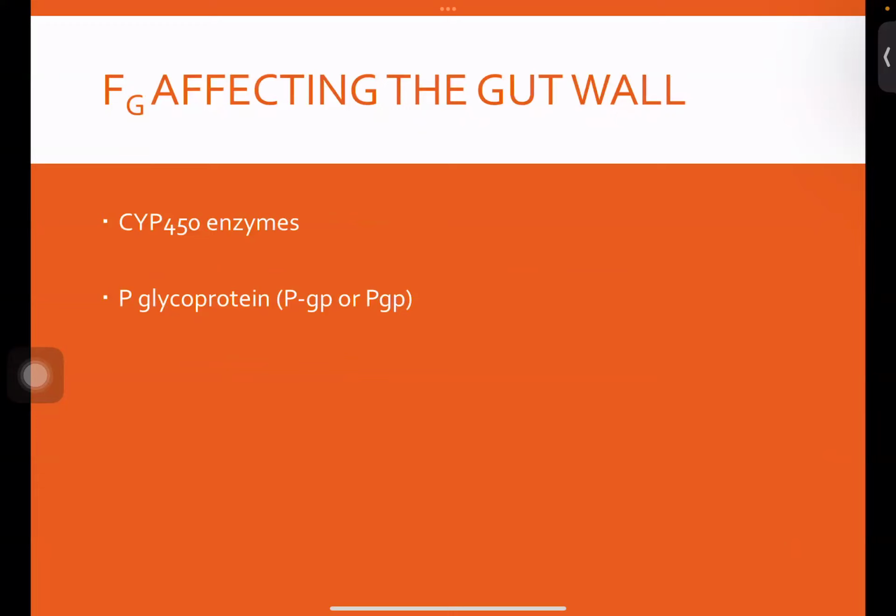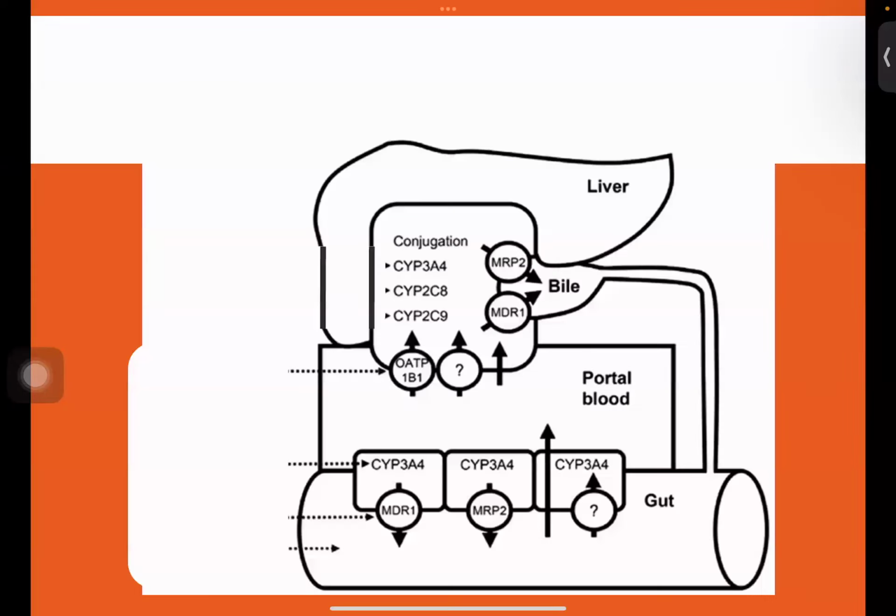What about FG? FG is the gut wall, and we've already talked about the fact that there are CYP P450 enzymes in the gut wall. In the gut wall, there's also P-glycoprotein, which is our bouncer, right? So this kind of shows what's happening here.